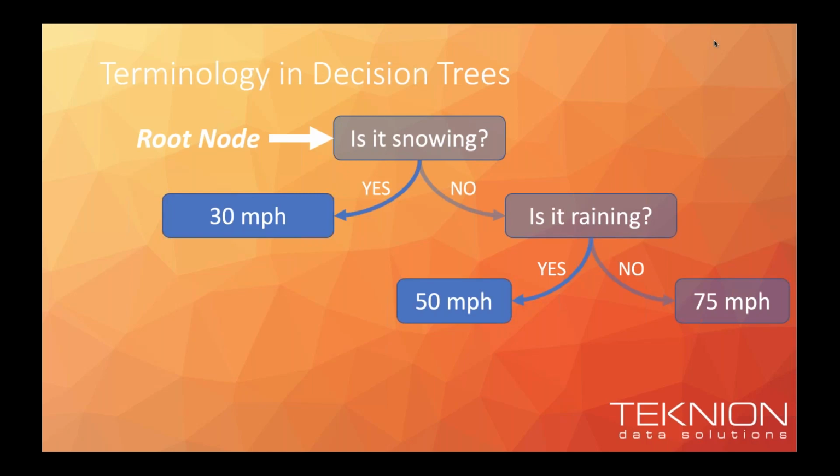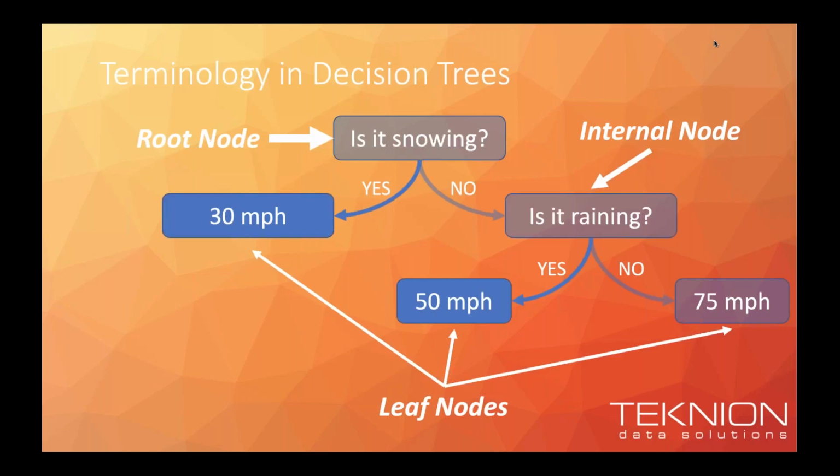And so we generally start with that one, and then we work down. After we know whether or not it's snowing, in our follow-up, an internal node, we need to know what's a good second question to ask. Again, a lot of this is mathematical, but the point is that you're creating a decision tree based on a hierarchy of importance of questions to ask, or importance of variables to put in there.